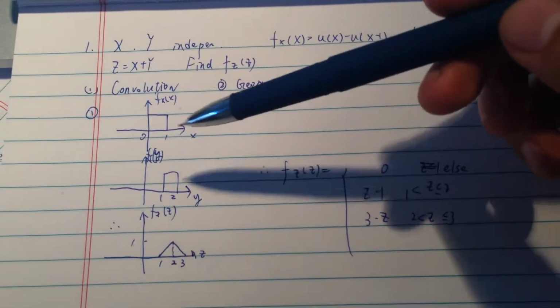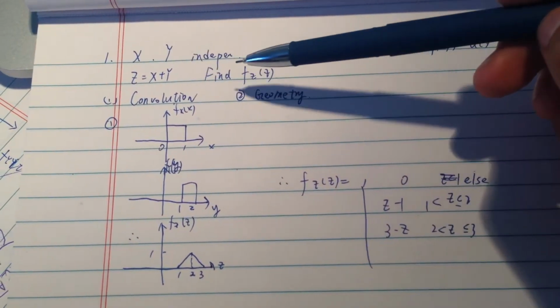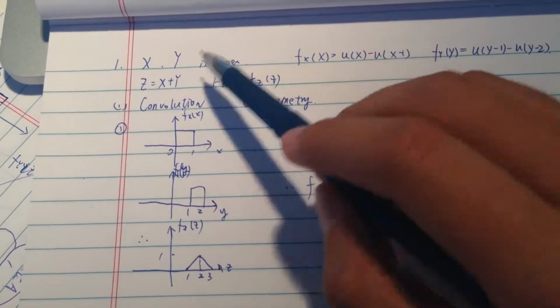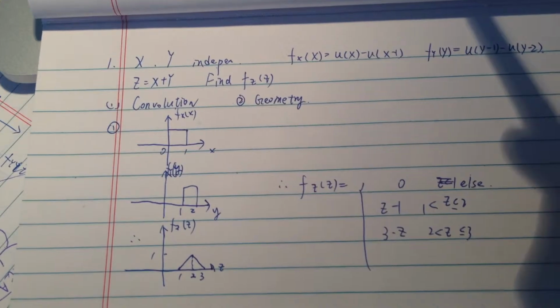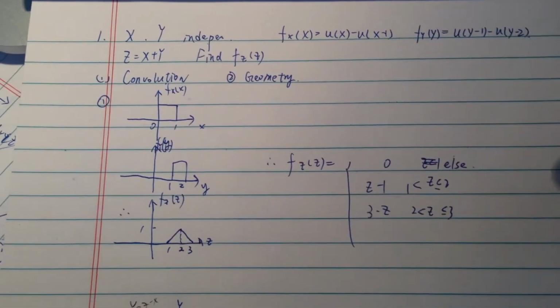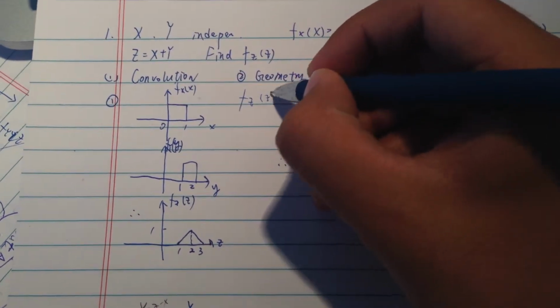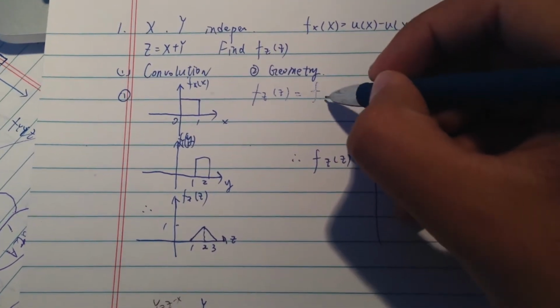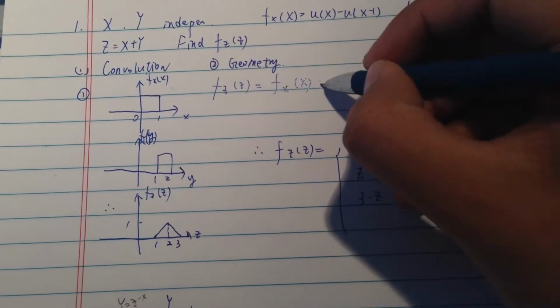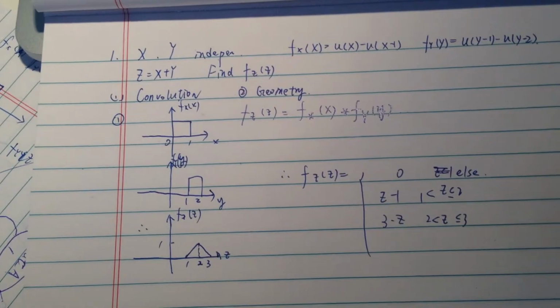Okay, with this convolution method, we have seen that these two conditions are both conditions that allow us to use the convolution method. In the convolution method, the PDF of Z equals f_X convolved with f_Y.